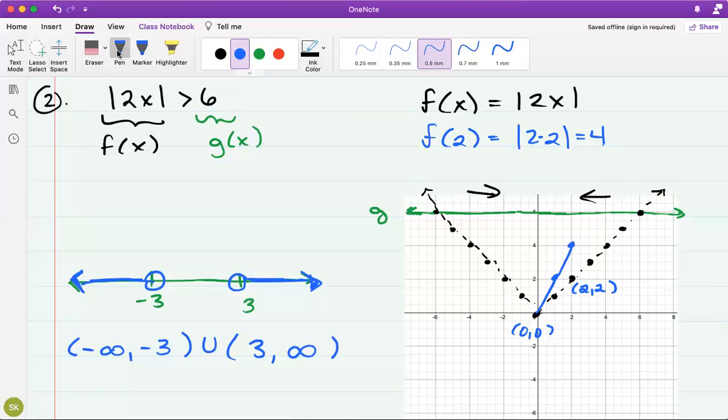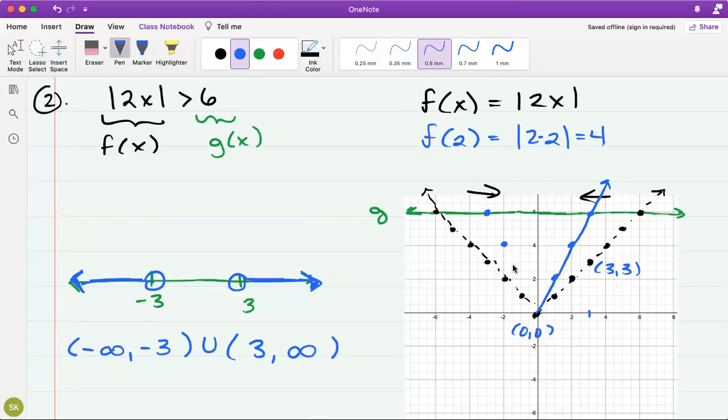Let's try this point here. This is 3, 3. And now you can see what's going to happen. Your y value is going to be multiplied by 2, so it's going to go to 6. Just plug 3 into here, you see you'll get the absolute value of 6. Because this graph is symmetric, you're going to have the same thing on the other side.